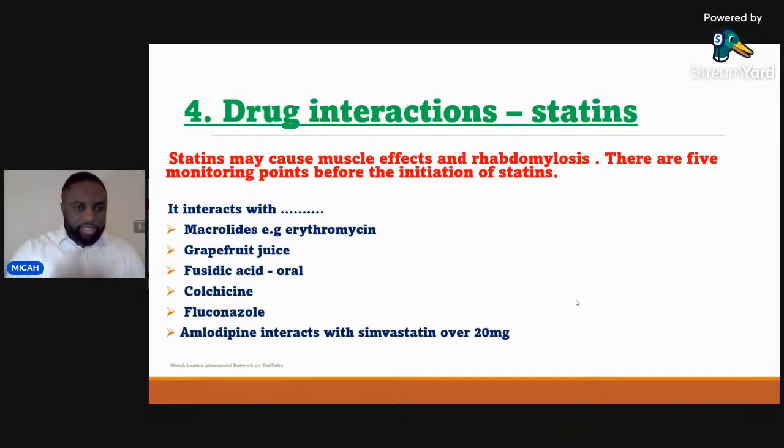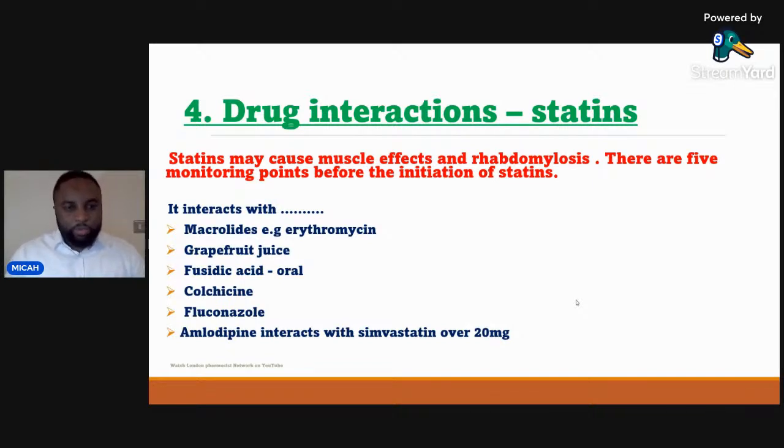It's important to tell patients that muscle effects and rhabdomyolysis are actually not very common. They are popular things that they can read in papers and magazines, but they don't happen easily. However, because of how important they are, it's crucial that we keep an eye on patients and tell them how to notice and report signs of rhabdomyolysis.